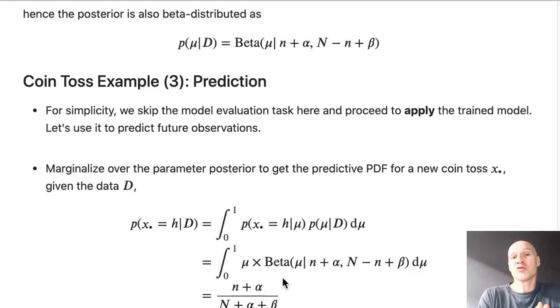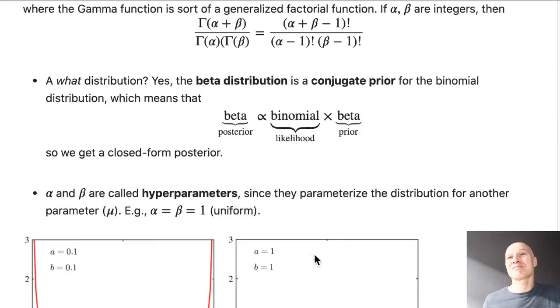We happen to choose a prior and a likelihood such that if I multiply them, I actually get an analytical result, which is again a beta distribution.